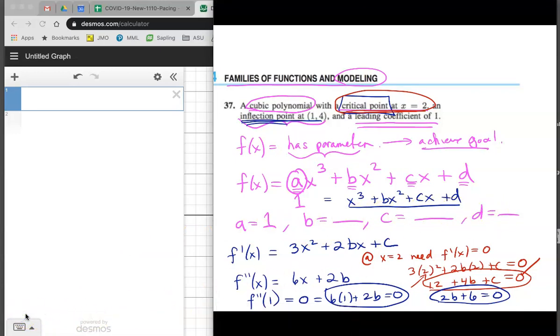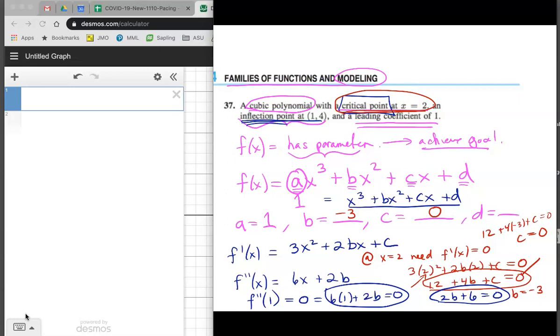All right, we're back. I hope that 2b plus 6 equals 0 told you that b had to be equal to negative 3. And since b was equal to negative 3, 12 plus 4 times negative 3 plus c had to equal 0, so c had to be equal to 0.